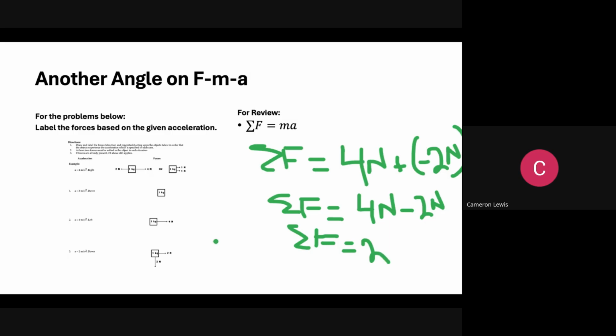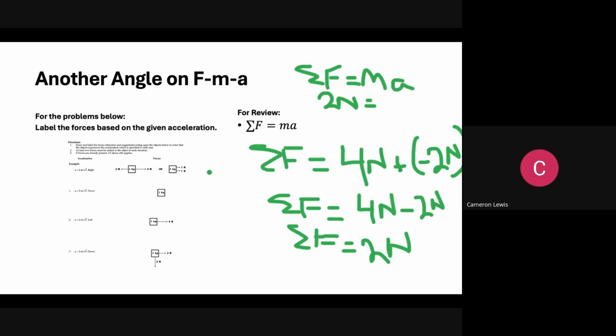Now with me knowing that, I can take this back up here, 2 newtons, and do my second law equation. So my force is equal to mass times acceleration. I know that this is equal to 2 newtons.